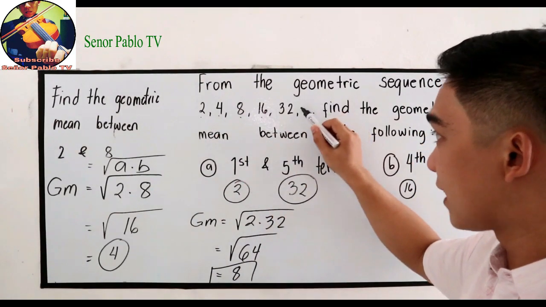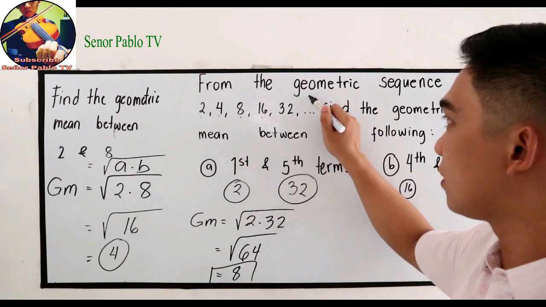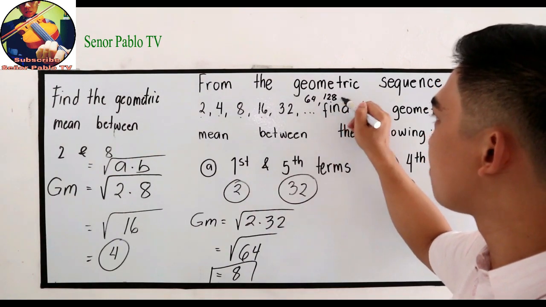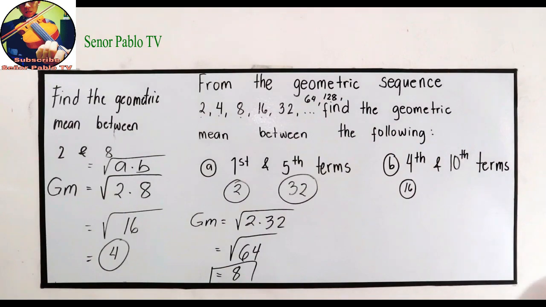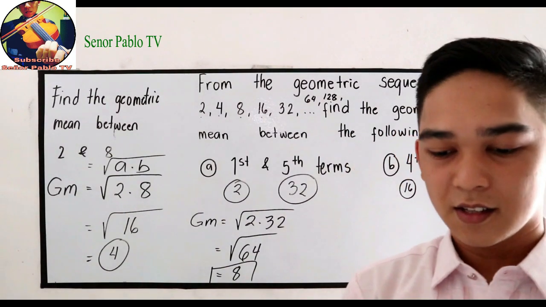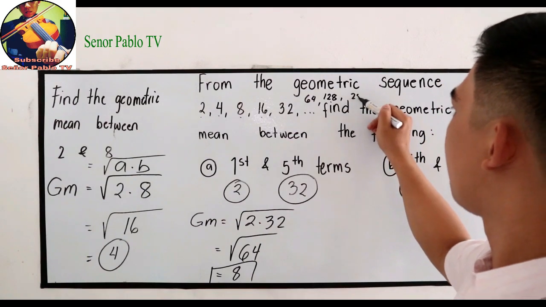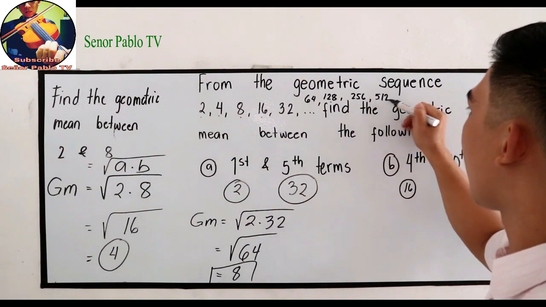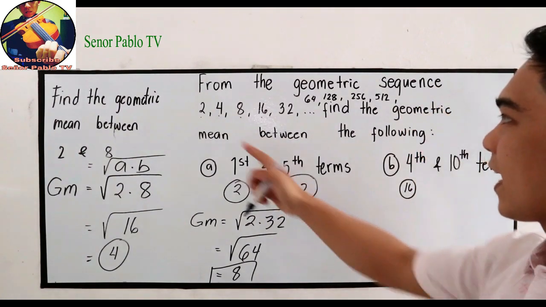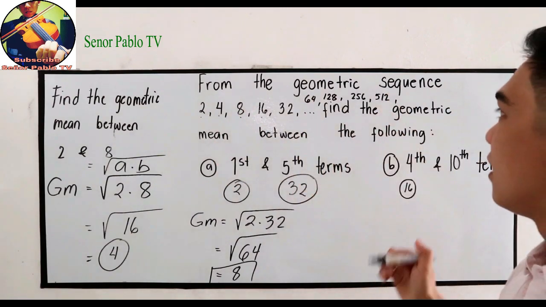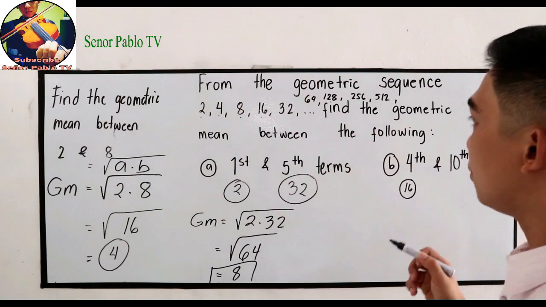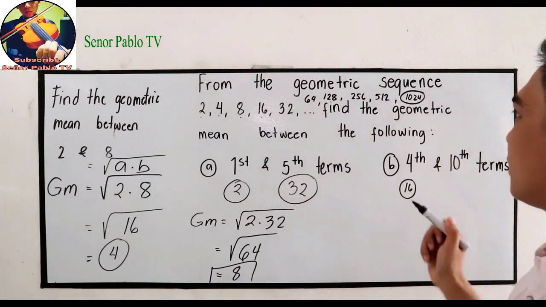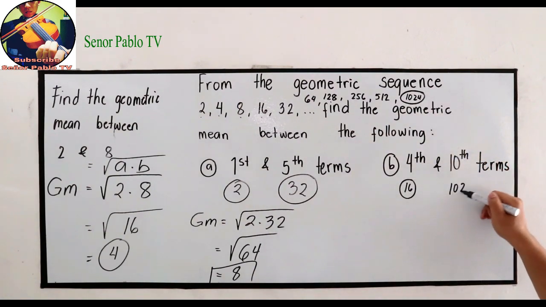So, kunin natin yung next term natin dito. 32 times 2, that is 64. 64 times 2, 128. 128 times 2, that is 256. 256 times 2, 512. Ang ilan na yan? 1, 2, 3, 4, 5, 6, 7, 8, 9. So, 512 times 2, that is 1,024. Yan na ngayon yung 10th term natin. 1,024.